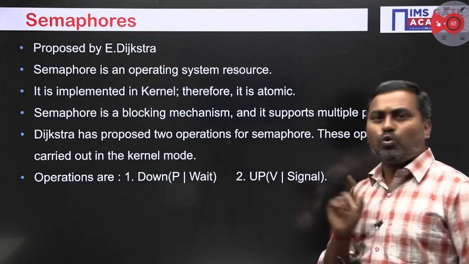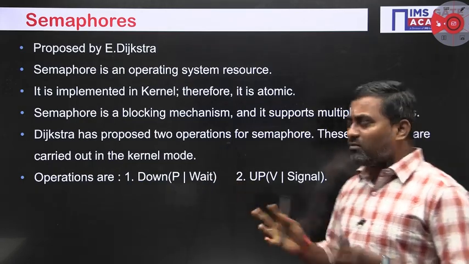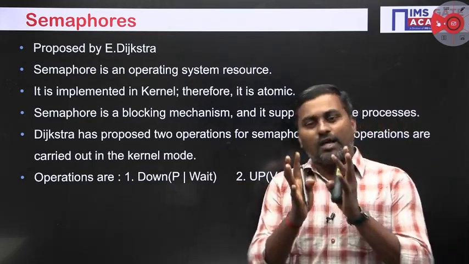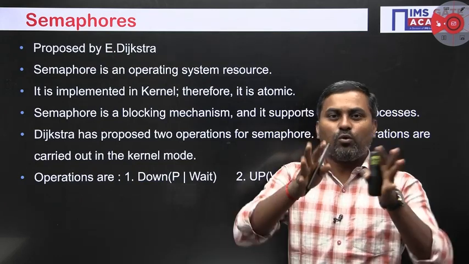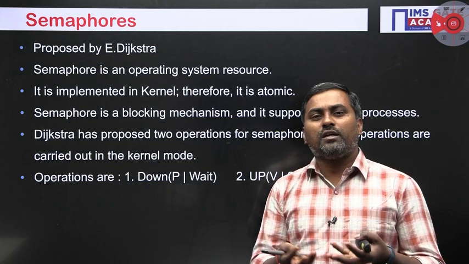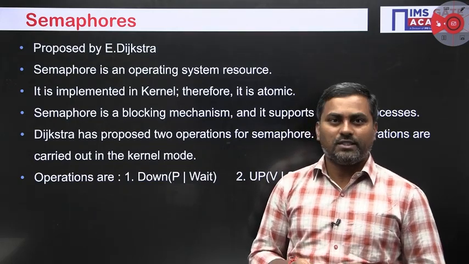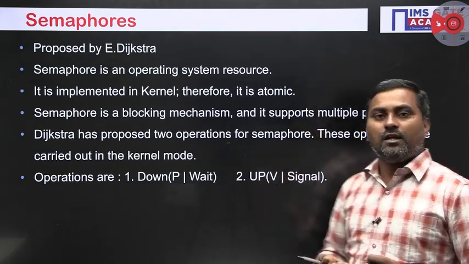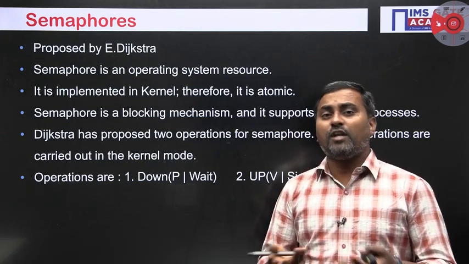So basically two operations. What is the meaning of the down operation? Down is carried out on a semaphore variable. Down indicates decrementing the current value of the semaphore. Up indicates incrementing the current value of the semaphore.